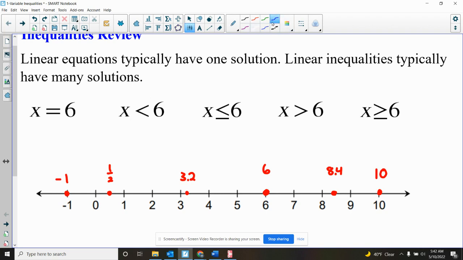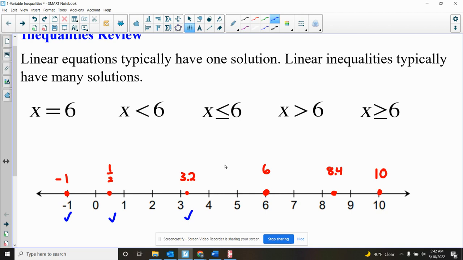But regardless, now that we've established this is less than, let's take a look at which numbers are less than 6. And what would be a good color for this? How about the blue? So less than 6. Is -1 less than 6? Yes, it is. Is 1/2 less than 6? Yes, it is. Is 3.2 less than 6? Yes, it is. Is 6 less than 6?